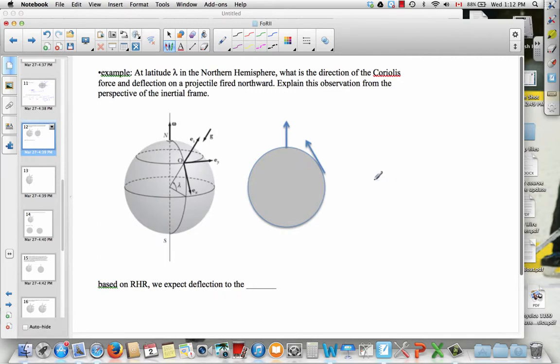Let's consider a specific case. Let's imagine that we just have a negative x component for our velocity. So this is our velocity. So we're firing a projectile towards the North Pole. Now, the Coriolis force is going to be the direction of v cross omega. With omega pointing like this, we could see that omega is partly perpendicular and partly parallel to the velocity.